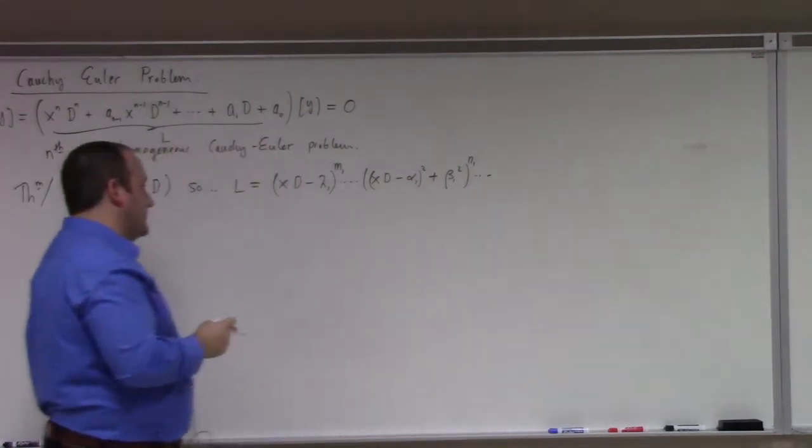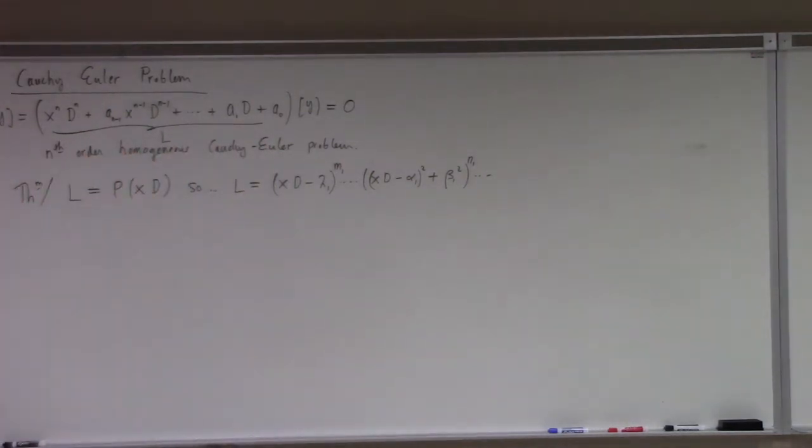You can factor it into a product of these, and then build up a series of lemmas just like we did, which would show you the solution set to each one of these operators. Then you take all of those and string them together, and that's your solution set.